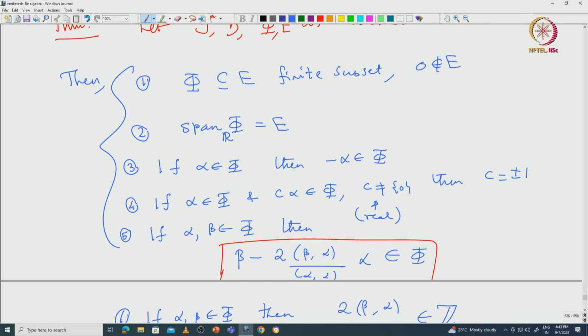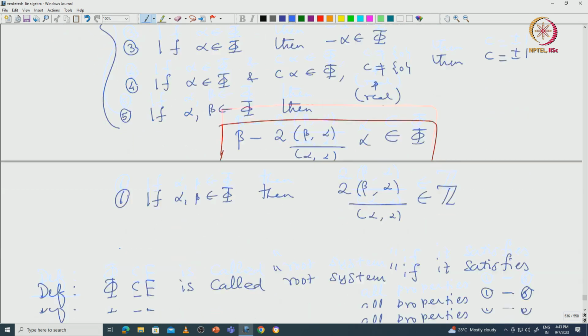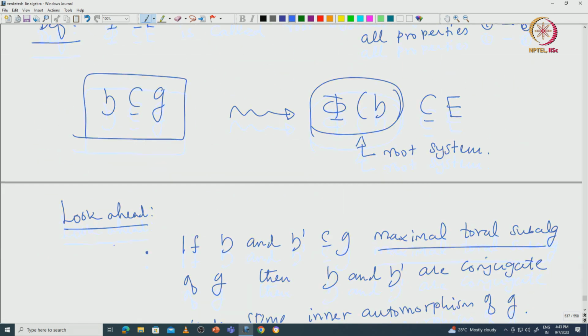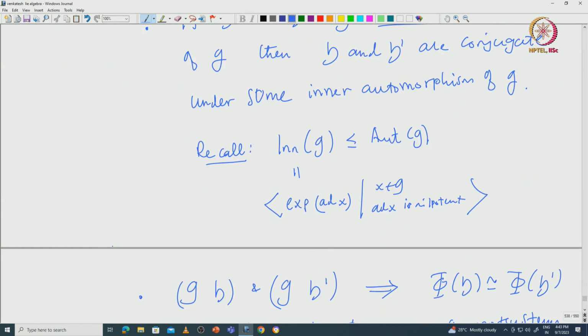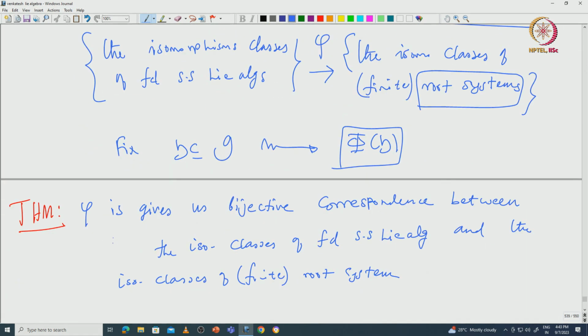Then after that, later if we get time, we will go back to this map and see how one can start with a root system and construct a finite dimensional semisimple Lie algebra whose root system will be the one we started with, and we will also see why this map is injective.